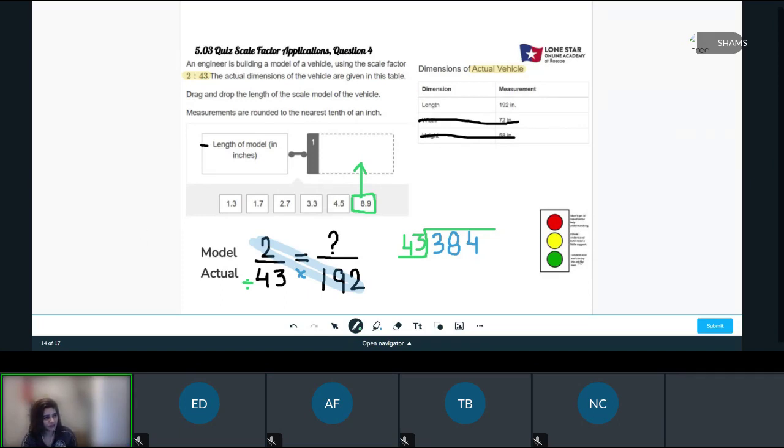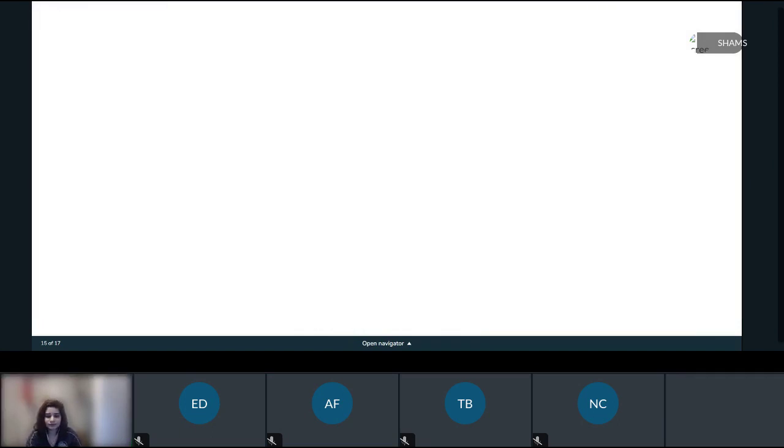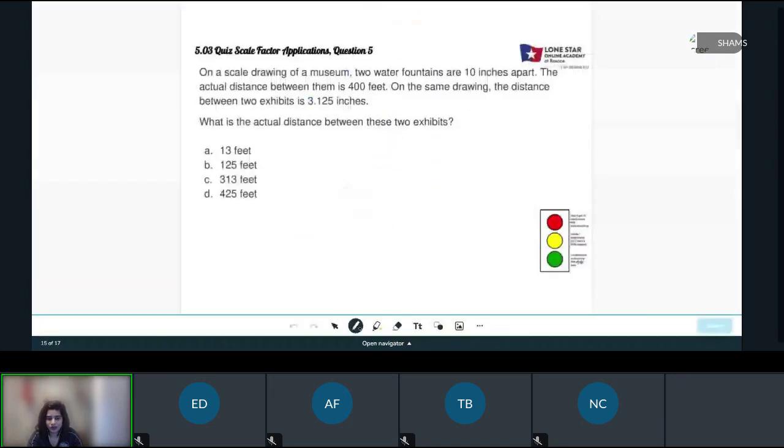And here we have question 5. Question 5, variety 1. And it reads, on a scale drawing of a museum, 2 water fountains are 10 inches apart. Now they're talking about the map. On a drawing, on a picture, the 2 fountains are 10 inches apart. Right? The actual distance between them is 400 feet.